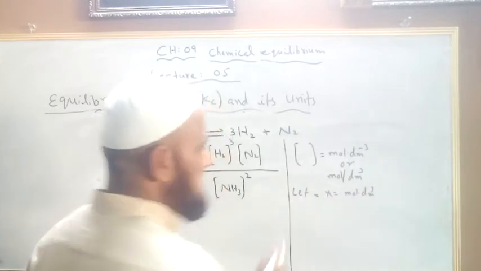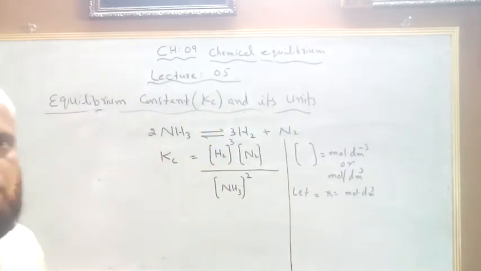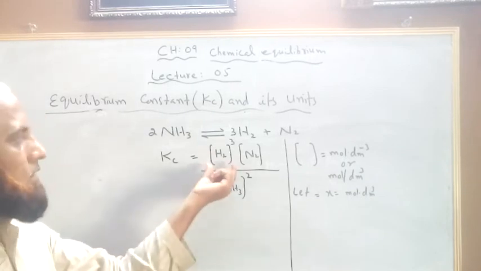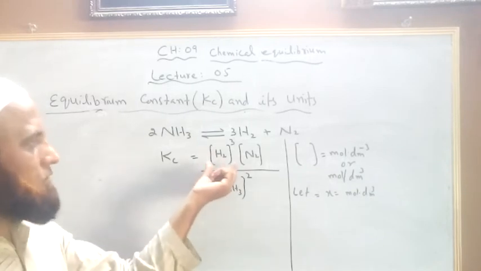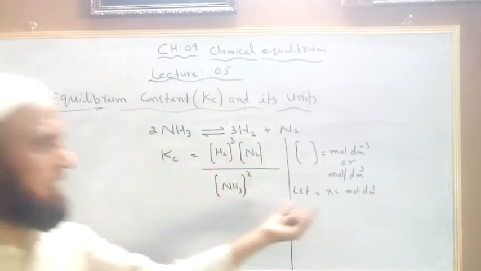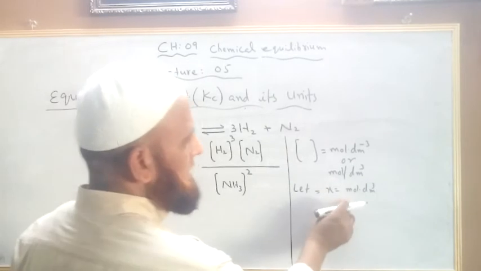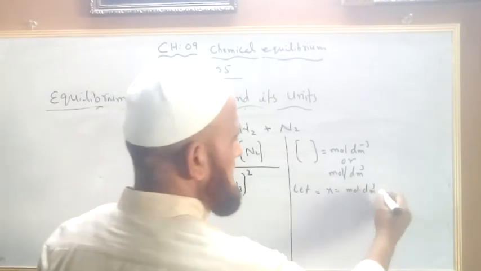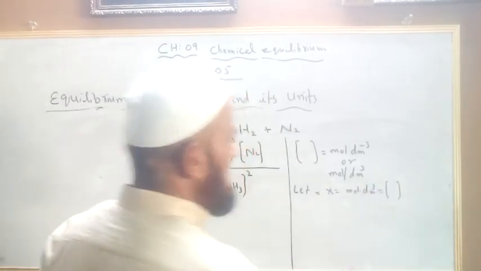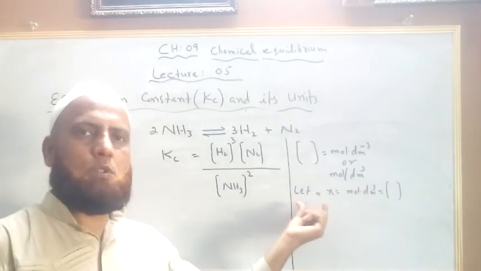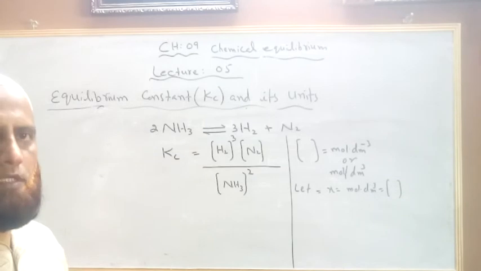Now instead of these square brackets we can use x. Since x is equal to mole per dm3, we can use x instead of the square brackets. It would provide you the ease to calculate the unit.